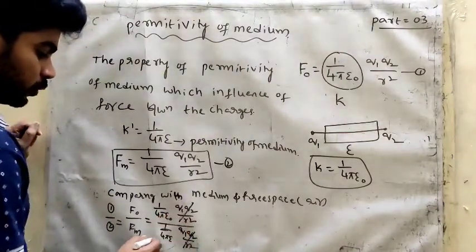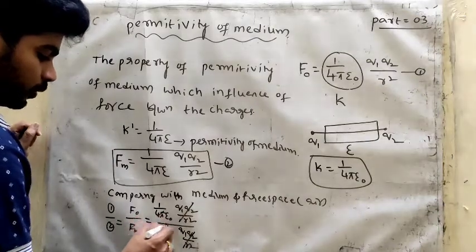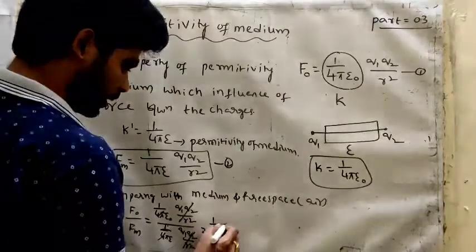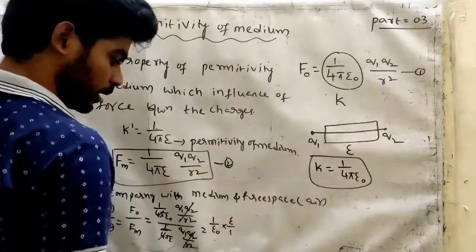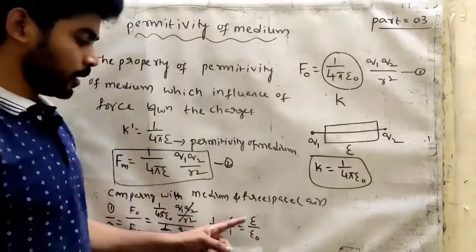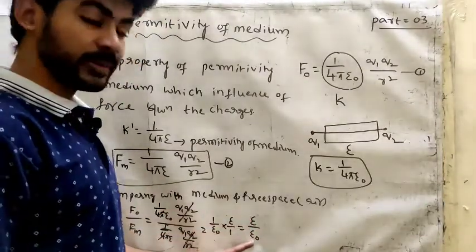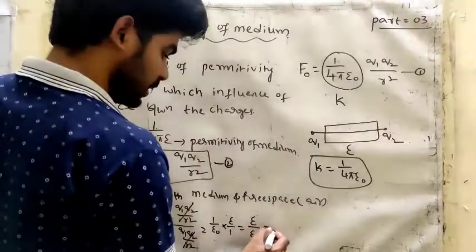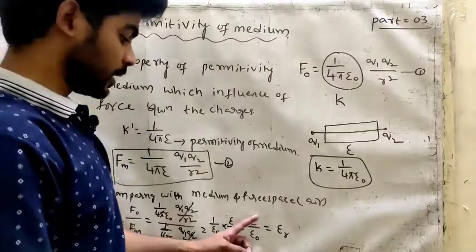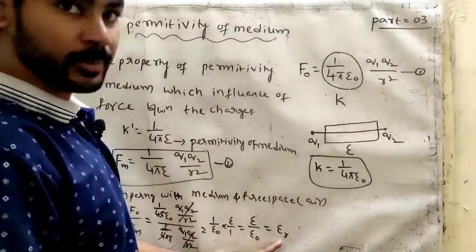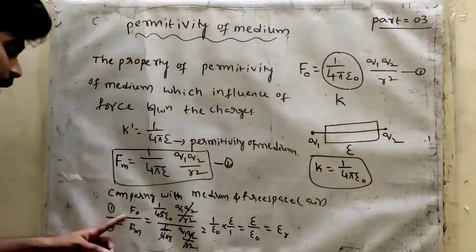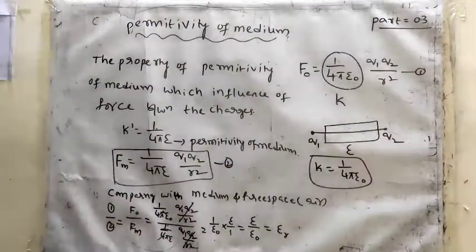The 4 pi cancels, and remaining is 1 by epsilon naught over 1 by epsilon, that is epsilon by epsilon naught. Permittivity of medium by permittivity of free space is called relative permittivity. We also denote that relative permittivity in terms of force as F naught by F_m.